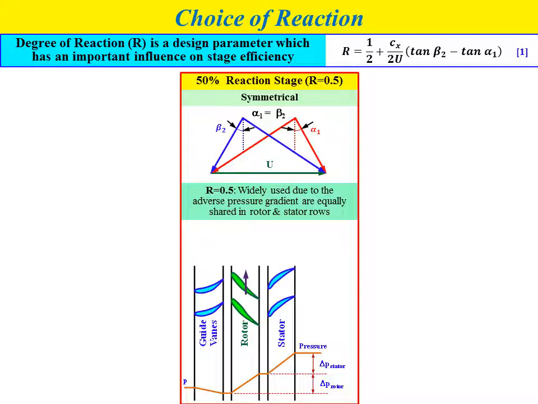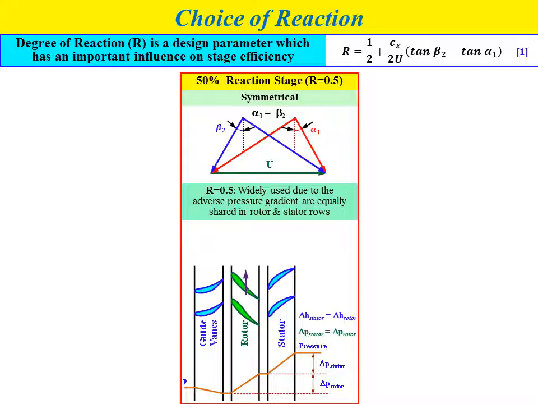If you look at the schematic diagram, it shows the pressure profile throughout the compressor stage, where we can see clearly that the static pressure difference in the stator is equal to the static pressure difference in the rotor. And the static enthalpy difference in the stator is also equal to the static enthalpy difference in the rotor.